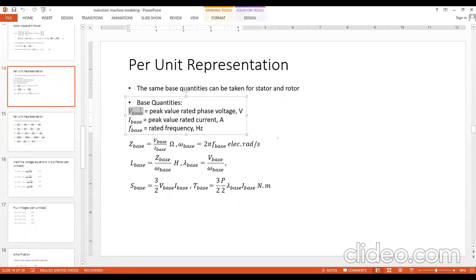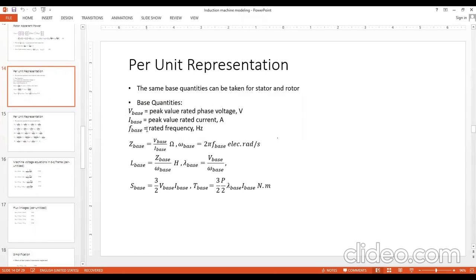We pick a base voltage, and the base voltage is taken as the peak value of the rated phase voltage. Now there could be other variants that you could choose. Here, let's say if it is VA, VB and VC, they are choosing the peak value of the rated phase voltage. That means VAN.